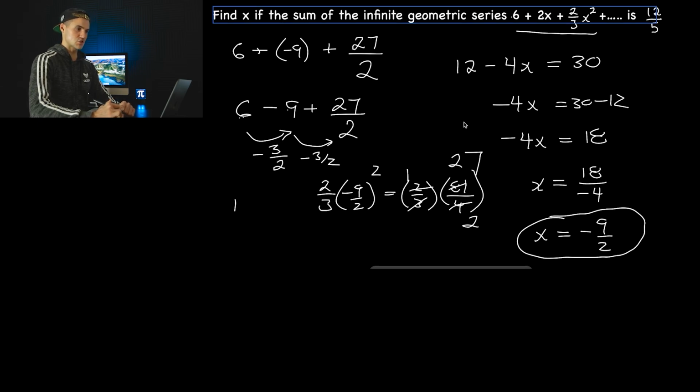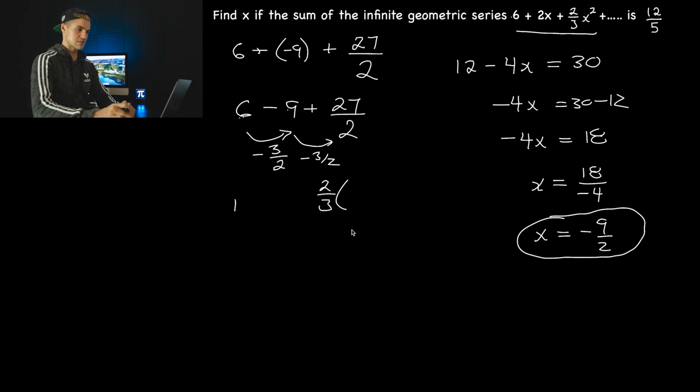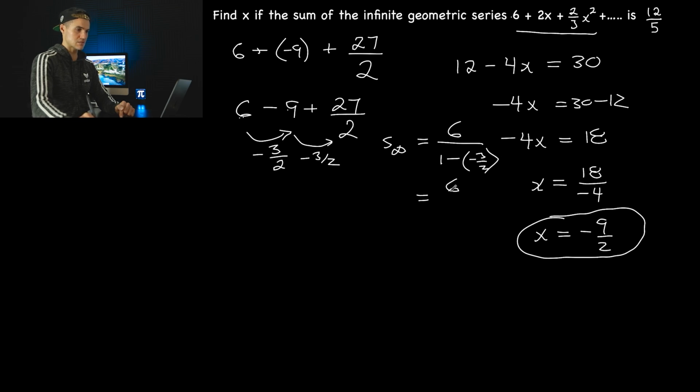If you want to check that we get the sum of 12 over 5, we take the first term, 6, over 1 minus the r value, which is negative 3 over 2. So this would be 6 over 1 plus 3 over 2, which is 5 over 2. 6 divided by 5 over 2 does simplify to 12 over 5.